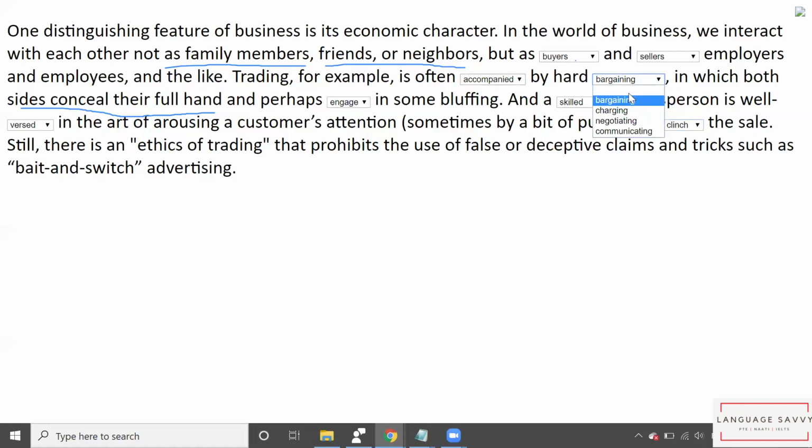When we saw the options, we knew that we cannot hide in communicating, charging, or negotiating. So it had to be bargaining, and this gave us an idea that trading and bargaining are related. One thing is accompanied by the other, so we went with accompanied. Another clue, and then it was just elimination strategy, and then the last three were just collocations. So collocations are really important when it comes to PTE reading.